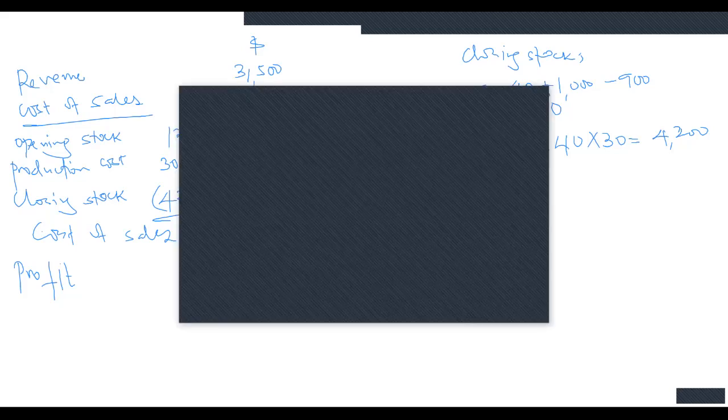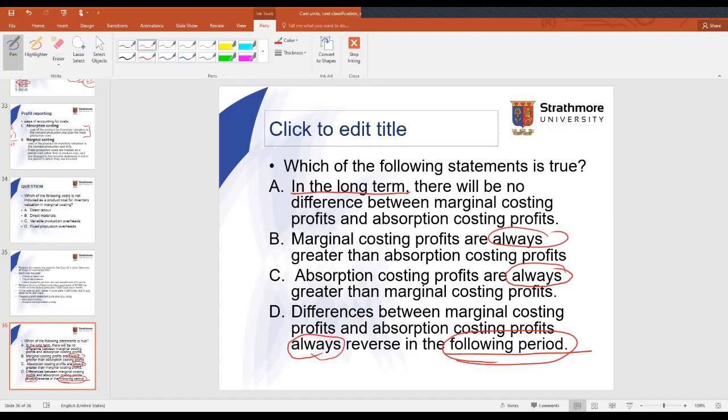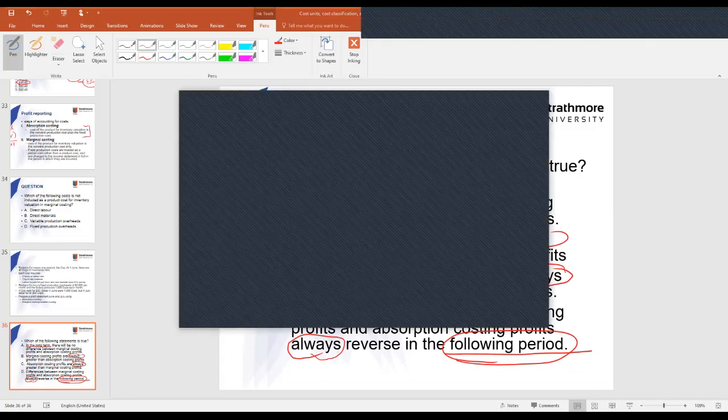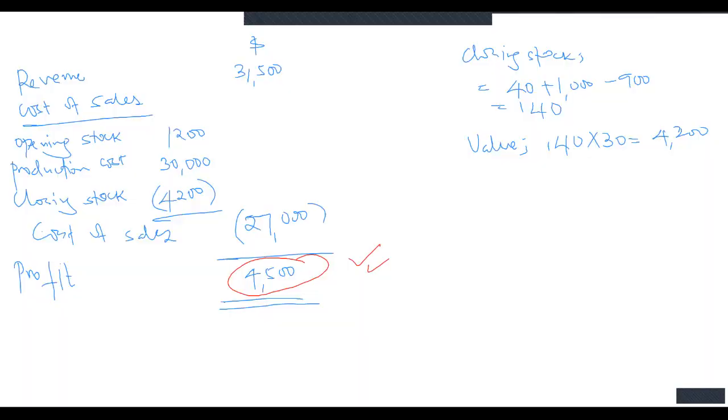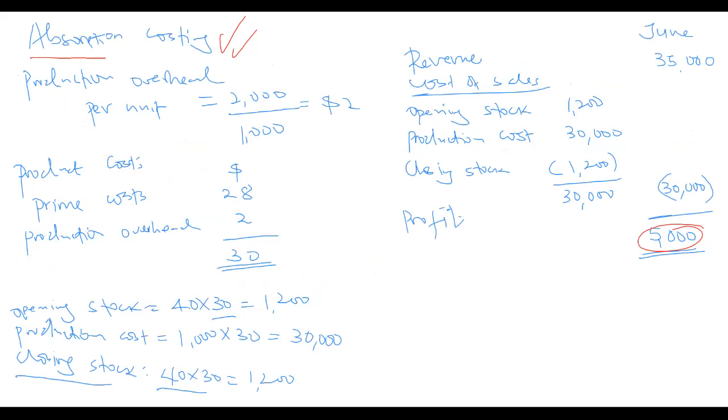In this example you've done here, in the month of July, this is the marginal costing method and this is absorption, isn't it? This was absorption, and the profit here is even greater.